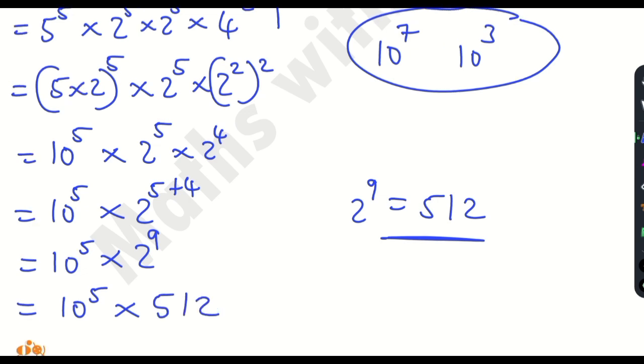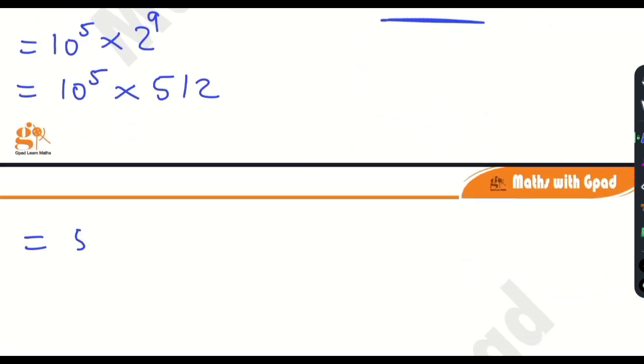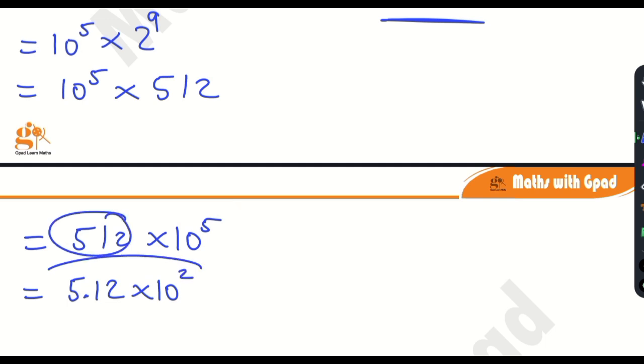If I want to write this in standard form, let me just write 512 times 10 raised to the power of 5. This is not yet in standard form. I am going to write 5.12 times 10 raised to the power of 2. I just wrote this now as this, because when you multiply 5.12 times this 100 here, you're going to get 512.